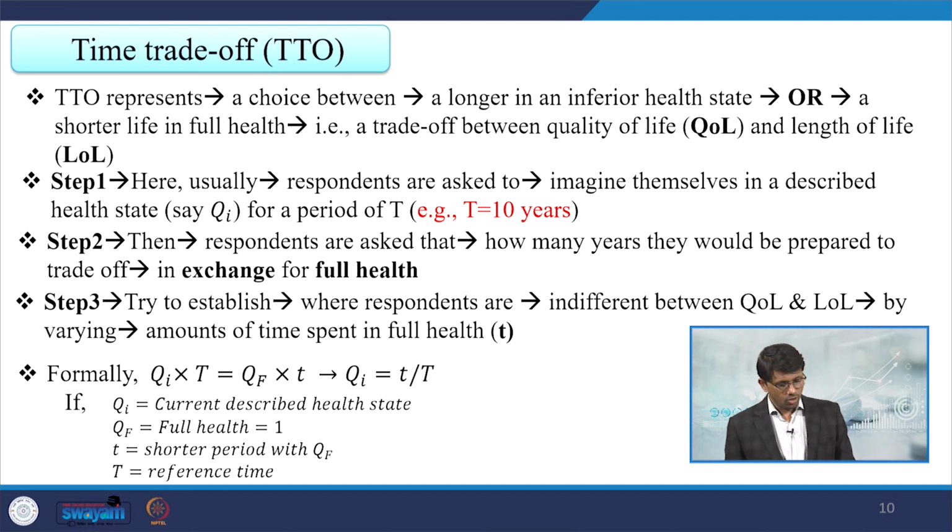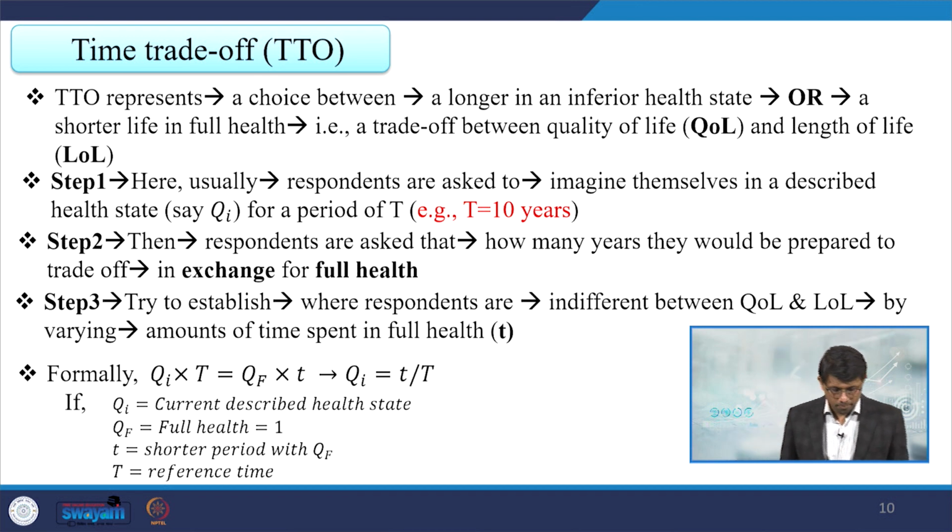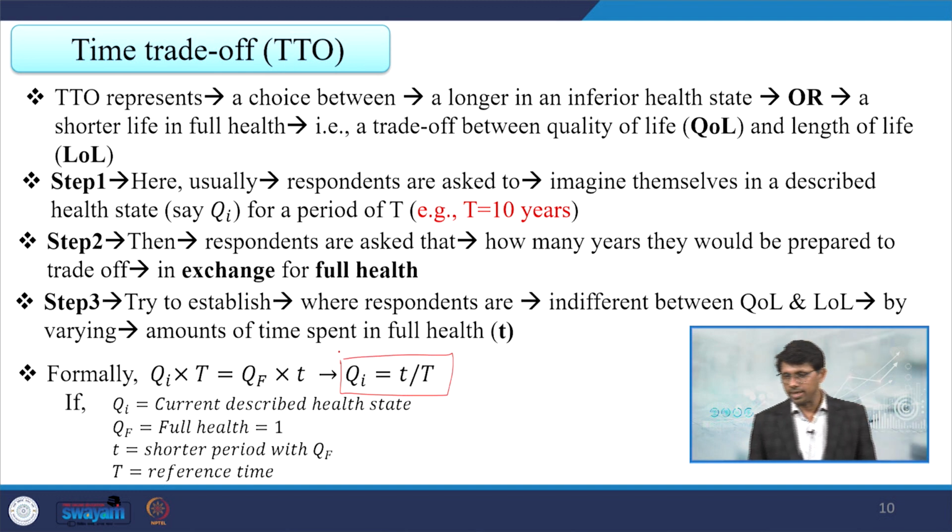The current described health is QI, t is the shorter period with QF, and T is the total reference time. Since QF is equal to 1, QI is equal to small t upon capital T.